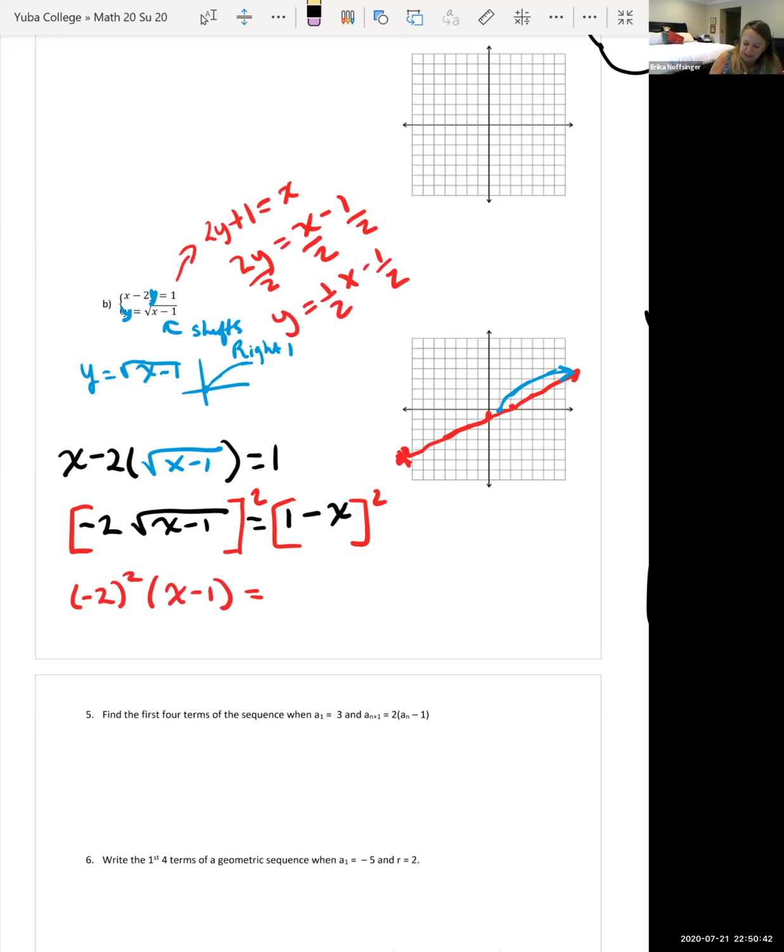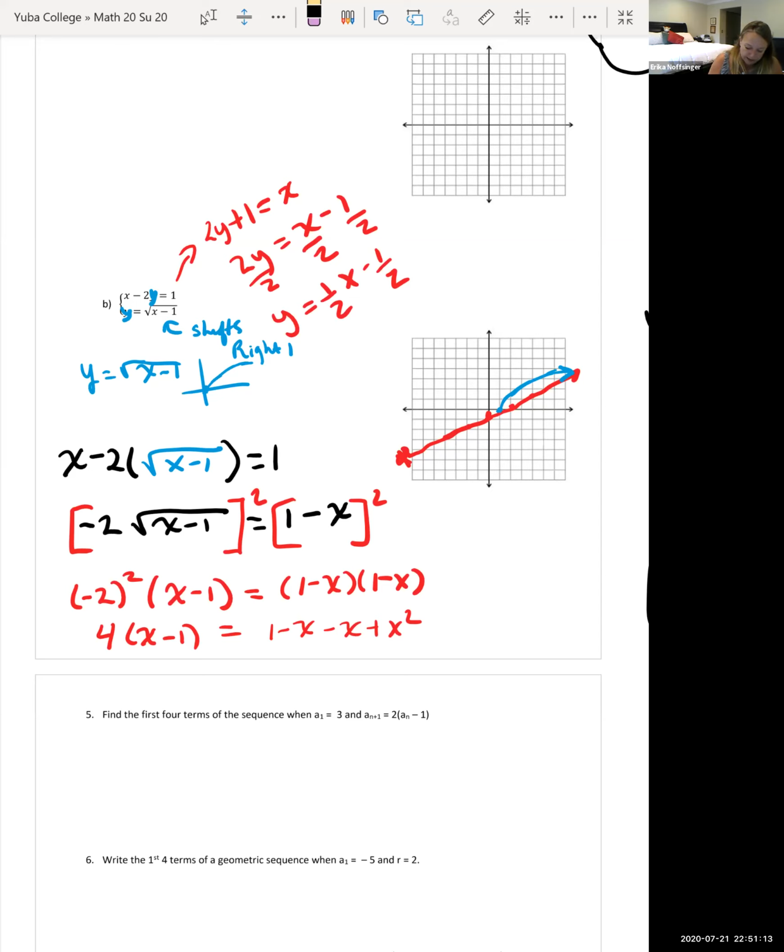So you need to FOIL out 1 minus x times 1 minus x. So you have 4 times the quantity x minus 1 equal to distributing 1 minus x times 1 minus x. So this is 1 times 1 minus x, and now distribute the negative x plus x squared. Let's combine like terms and distribute.